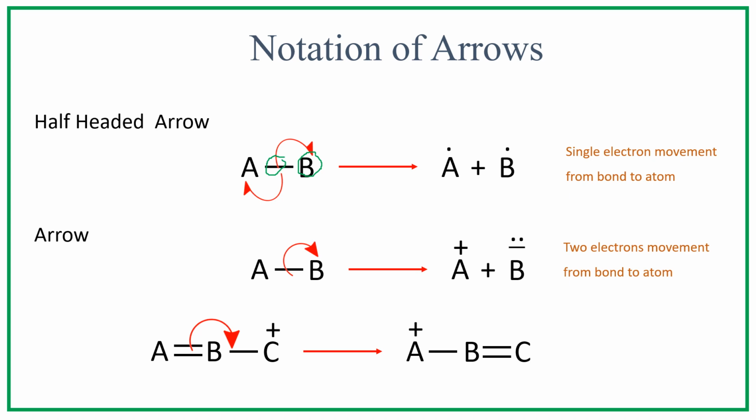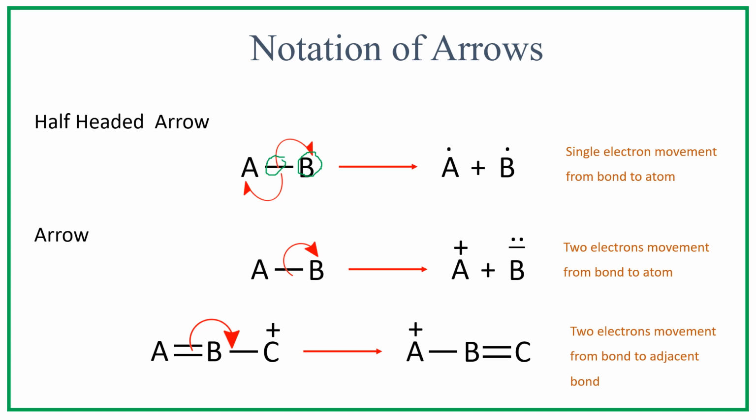A new bond forms between B and C, and the pi bond between A and B is removed. Then the plus charge moves from C to A. That kind of thing can take place in reaction mechanisms. This arrow represents two electrons moving from a bond to an adjacent bond.